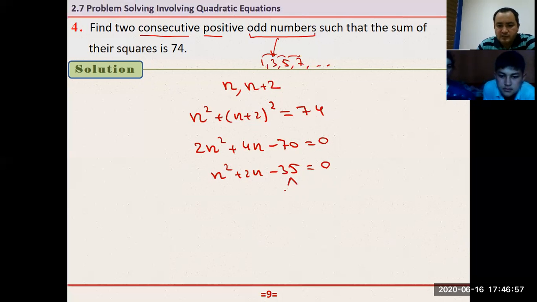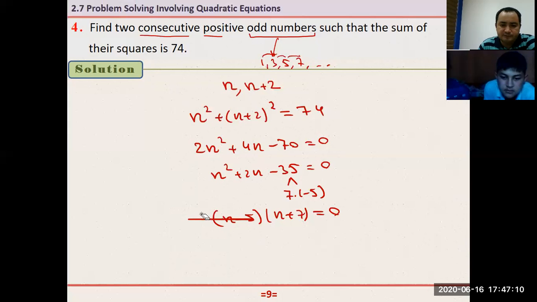What are the two numbers? 7 and minus 5. 7 plus minus 5 equals 2. So I can factorize it as (n minus 5)(n plus 7) equals 0. So n equals 5 or n equals negative 7.